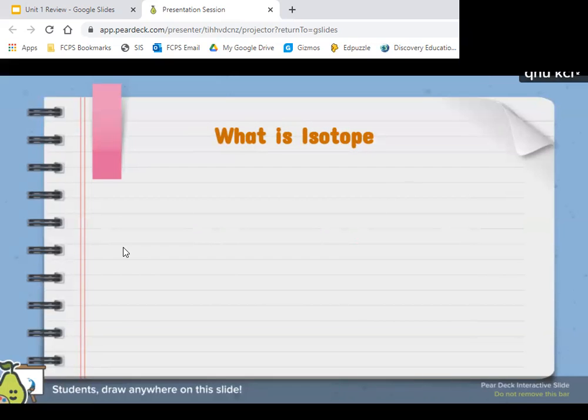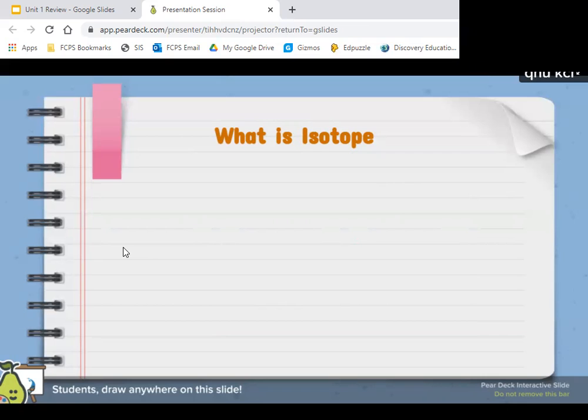So before we move on, what is an isotope? Can someone tell me? Gabby, tell me what an isotope is. Okay, so if I say different number of what? You got three choices: protons, neutrons, electrons.